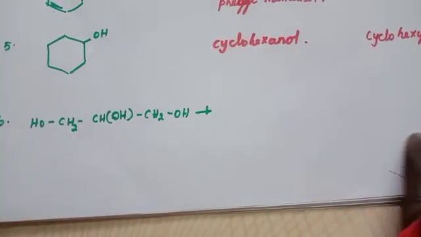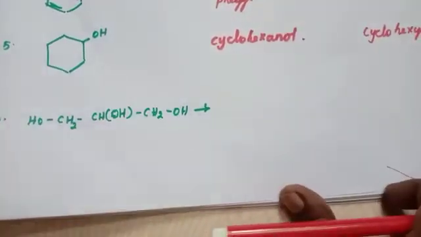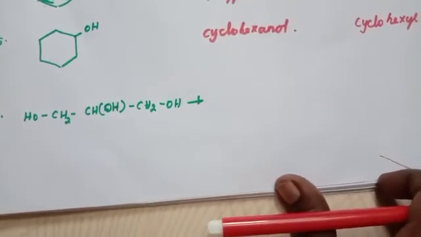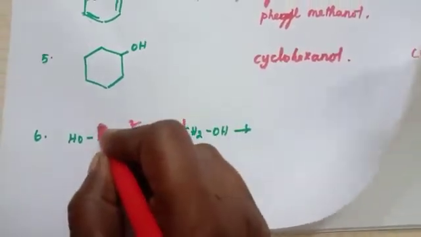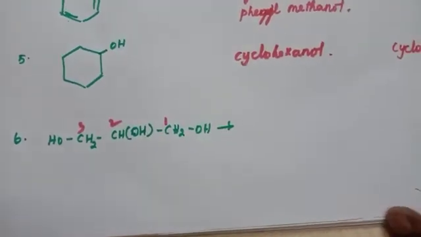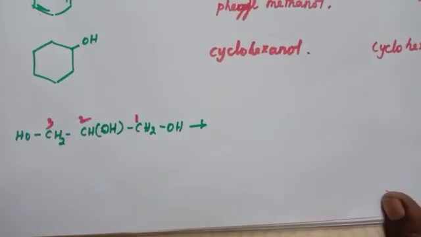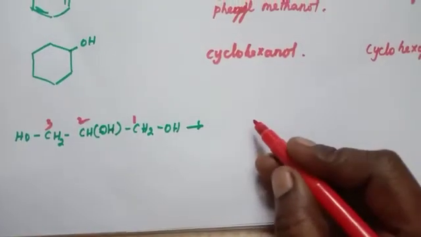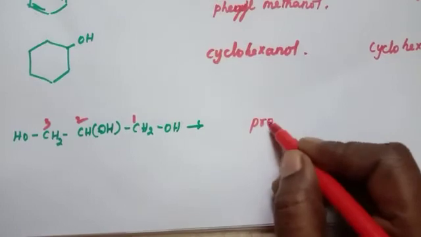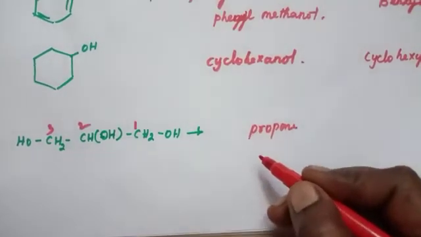The last one, see this compound. How many carbon atoms are there? 1, 2, 3 carbon atoms. Give the number to the carbon atoms. 1, 2, 3. The hydroxyl group is attached to all 3 carbon atoms. So first we find its root word. 3 carbon atoms, so the root word is propane, and all 3 carbon atoms contain the OH group.